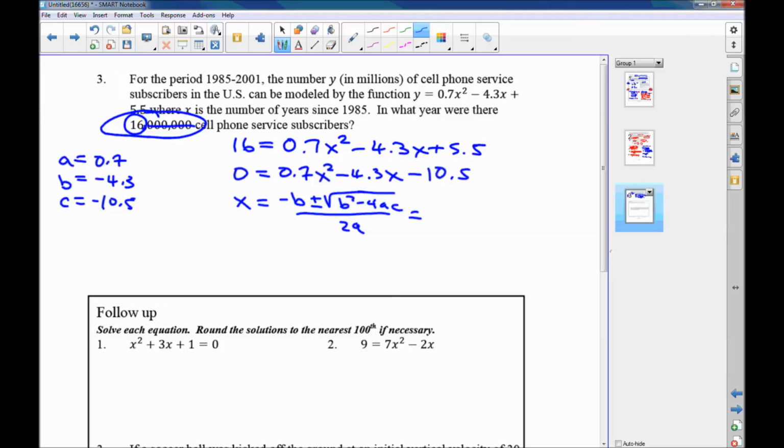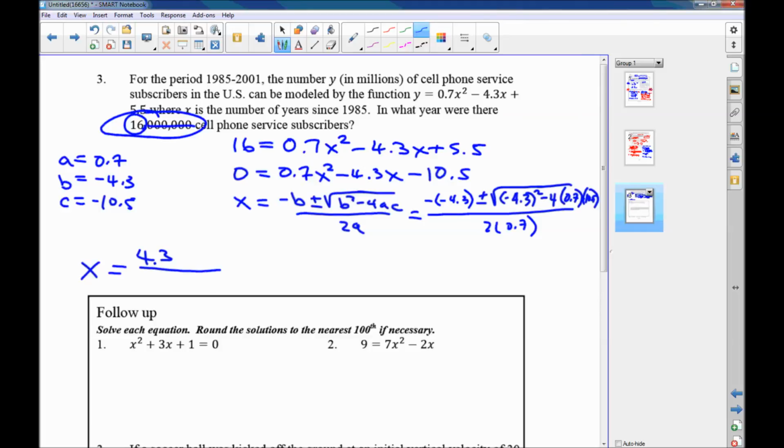So negative b, plus or minus the square root of b squared minus 4 times a's value times c's value. And I'm out of room over there. All over 2 times a's value, which is 0.7. So my x is going to be equal to, I'm going to do a little simplifying here, 4.3, and on the bottom I'll do 2 times 0.7, that's going to be 1.4.